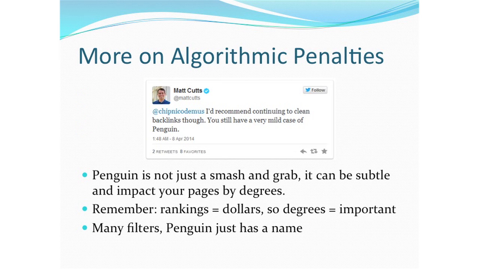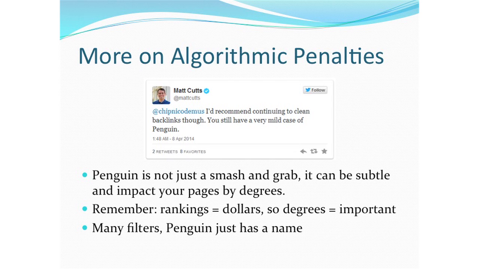So here's a little bit more on algorithmic penalties and a tweet from Matt Cutts, again, the head of Google's web spam team. He says here that you still have a very mild case of Penguin when dispensing site advice to a tweeter. Now, this is really enlightening because it shows that Penguin is not just kind of a smash and grab manual penalty. It can be subtle and impact your pages by degrees.